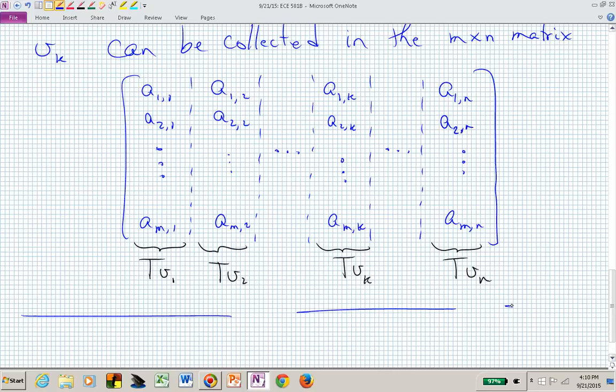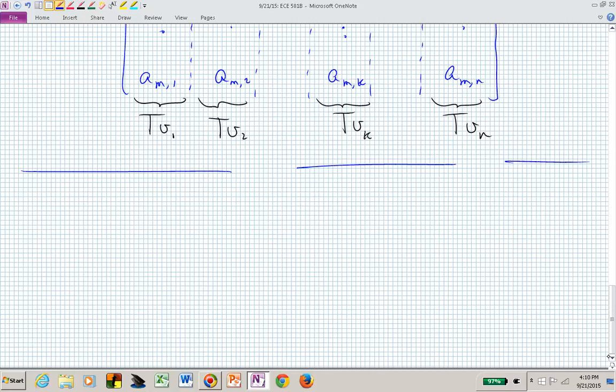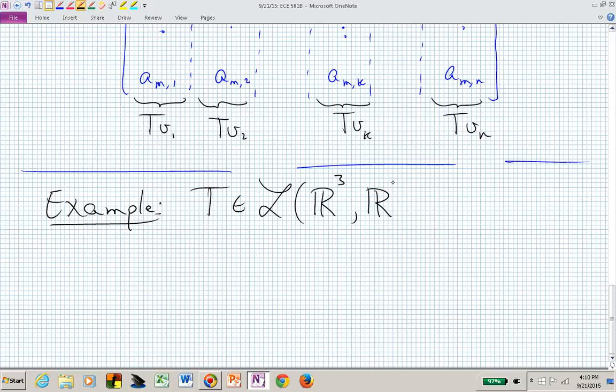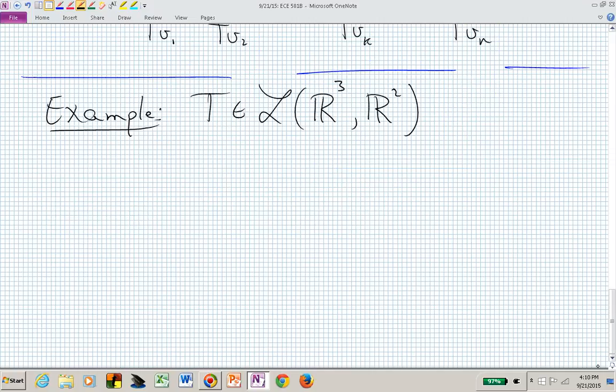Let's look at an example just to put some flesh on this. Suppose that we have a linear map that's going to go from R3 to R2. And we've been calling that a dimension reduction map.